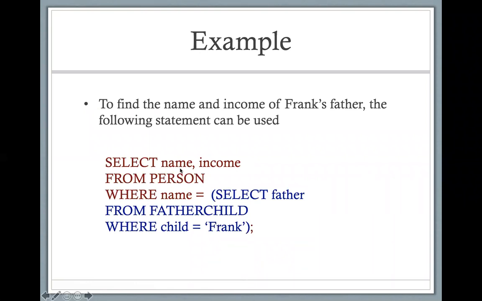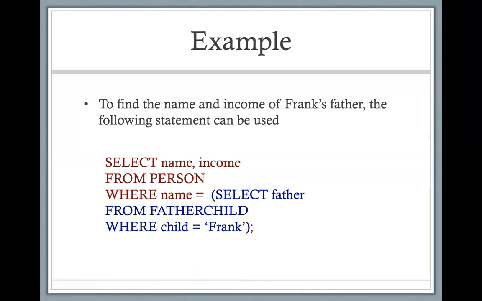You take the outer query, and for every row in the table of the outer query, so basically for every person, I go and check whether it satisfies the where condition. Say the first row was Steve and Frank.